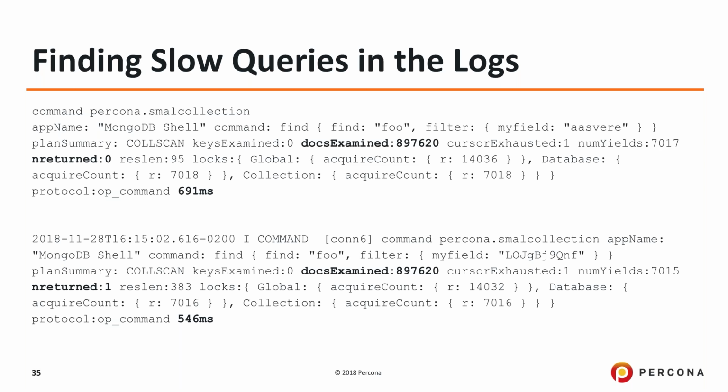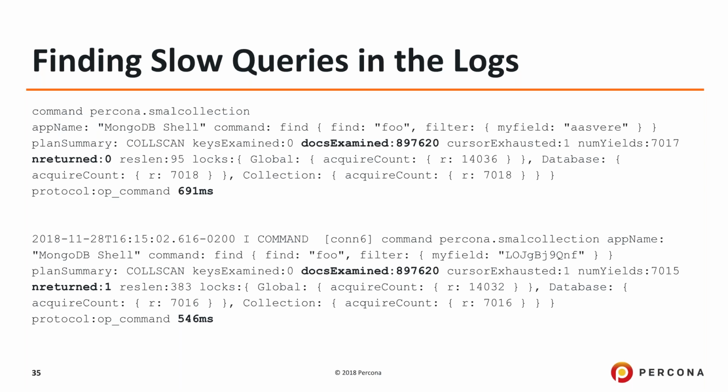So let's go through each of those things that I find important. Keys examined is how many index keys were scanned to answer the query. Docs examined is how many disk documents had to be scanned to answer the query. And nReturned is how many documents were returned by the query.